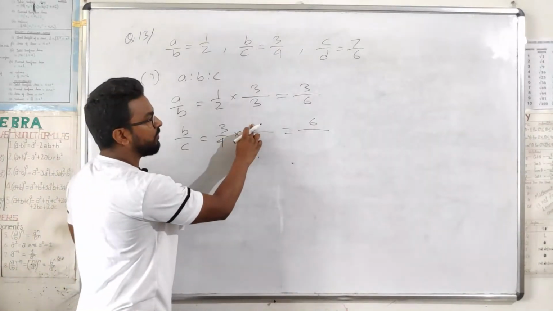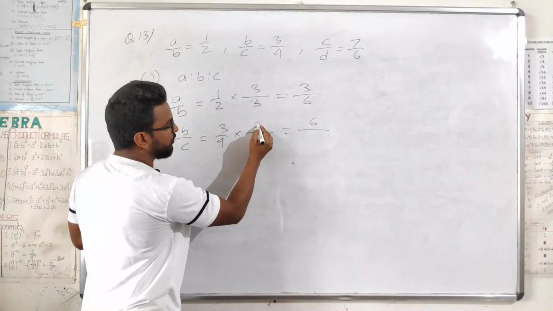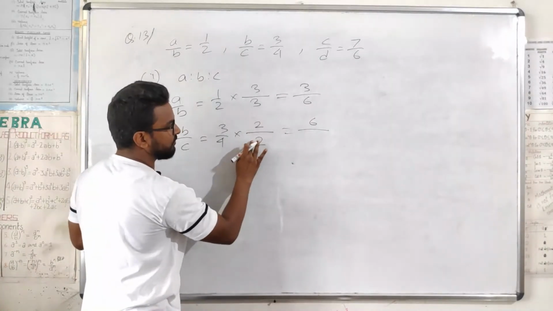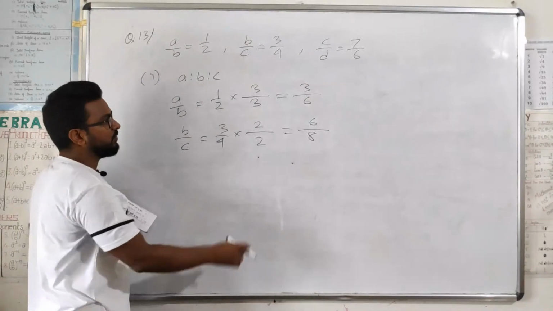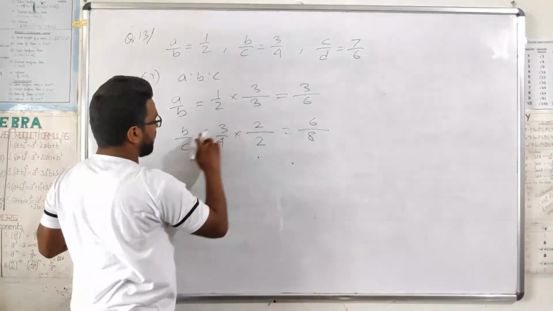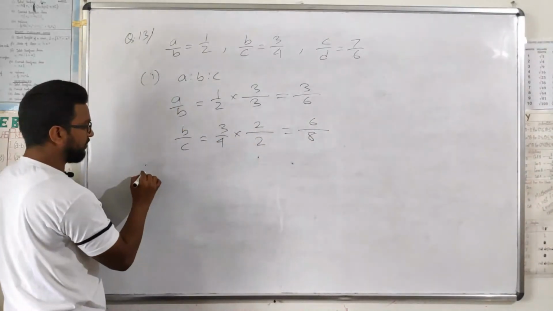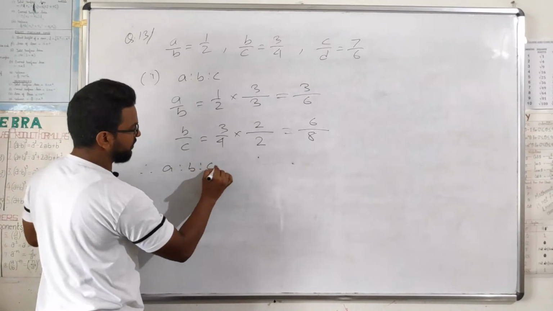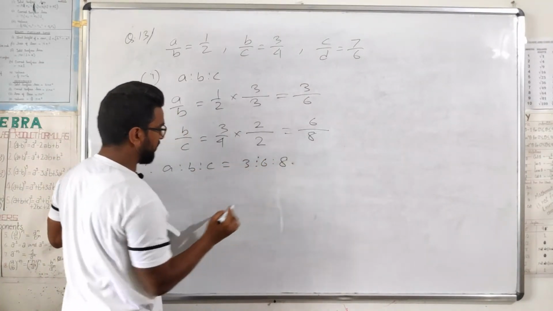So with what number we have to multiply? With 2. And if you put 2 here, you have to put 2 here also. So this will become 8. Fine. Now it is same. Now you see the value of A is 3, B is 6. In the second case also B is 6 and C is 8. Therefore A ratio B ratio C is equal to 3 ratio 6 ratio 8.